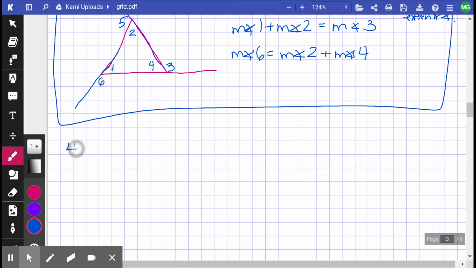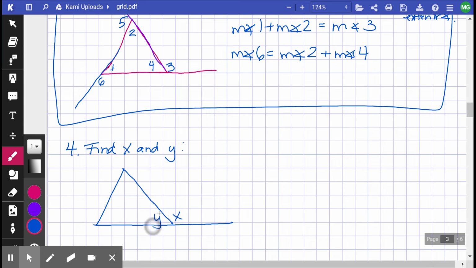So number 4, find x and y. And extend over here. Here's x, here's y, here's 80 degrees and 25 degrees. We'll call these, give them some letters here.